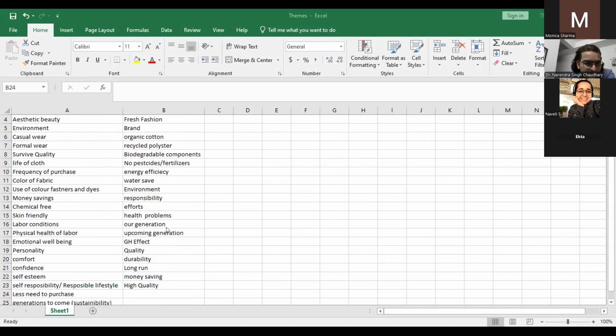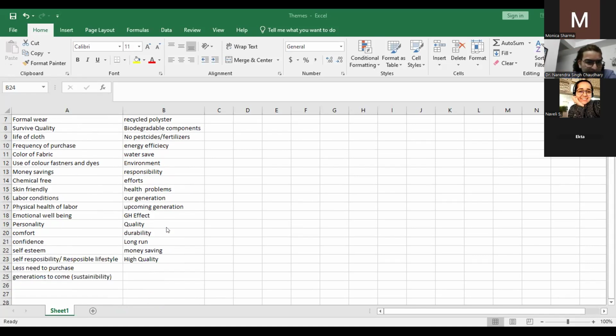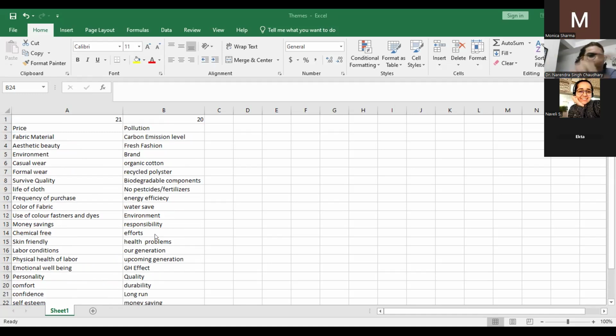From transcript one, you have around 24 keywords identified, and around 20, 22 from the other, right? When we do the same thing for all the transcripts, which step is this? Axial coding or open coding? This is open coding, right?